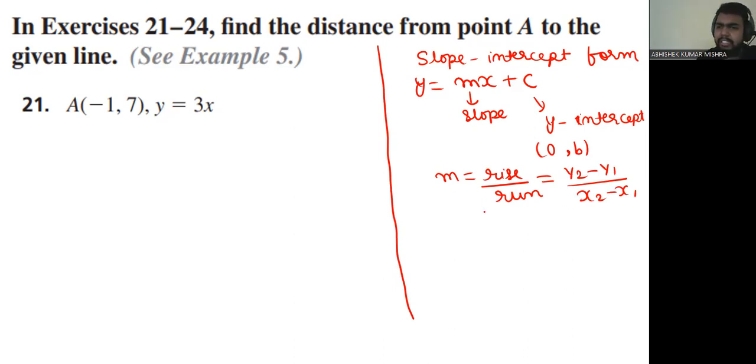So these are the basic things. There is also the point-slope form of equation. What is the point-slope form of equation? It is the way of writing an equation of a line when you know the slope and the coordinate through which your line is passing. So when you know the coordinate through which your line is passing, x1 and y1, suppose, and if you know the slope of that line, you can find the equation of that line.